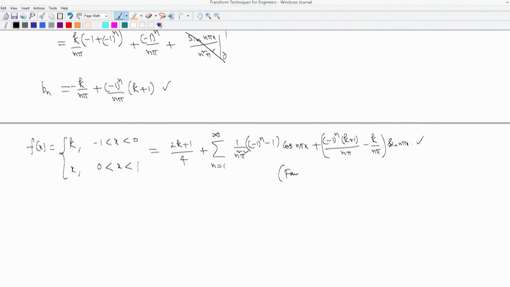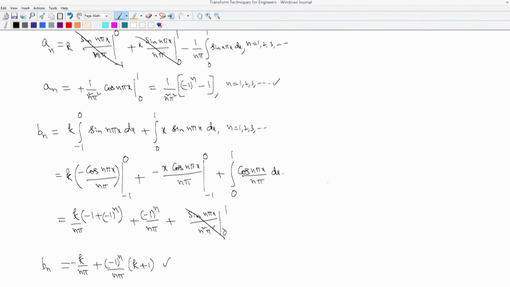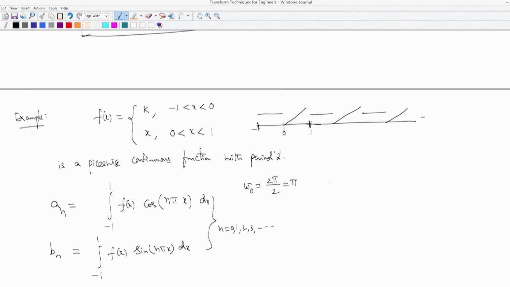This is the Fourier series for a piecewise continuous function f(x), which looks like this if you draw it. If you have such a signal and it repeats like this, you can break it into fundamental signals of discrete frequencies 1, 2, 3 and so on.